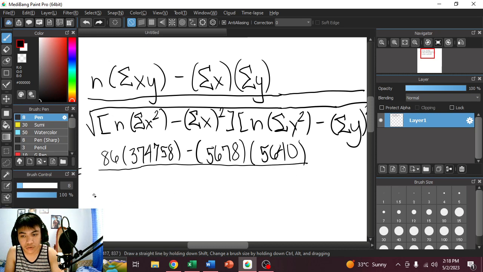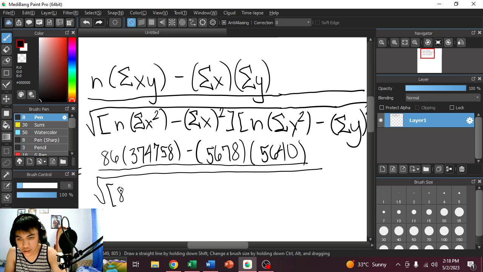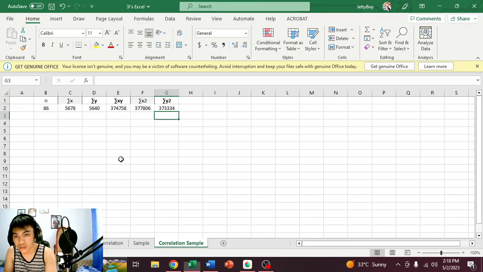Over the square root of n, which is 86, times the summation of x squared.